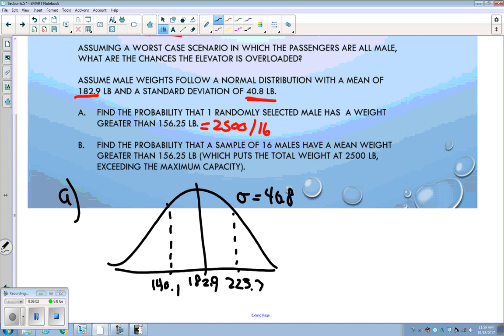It just helps me to draw that picture and think about that. I want to know the probability of randomly choosing one that was 156.25 or greater. 156.25 is going to be somewhere in here. Do you agree?